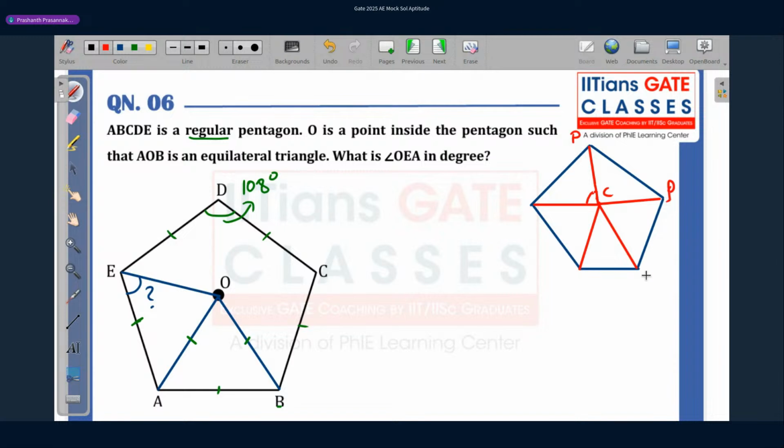Let me take different labels also: P, Q, R, S, and T. Can you tell me what this angle is?